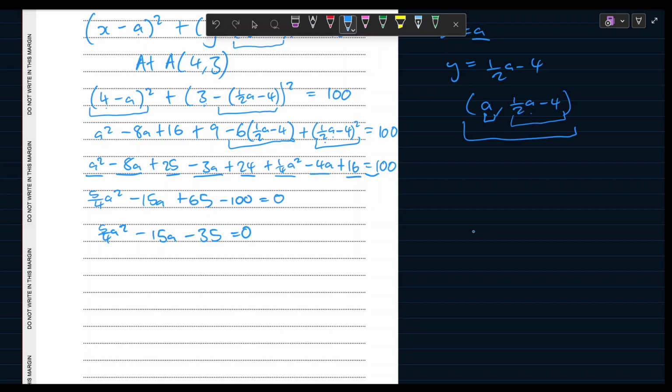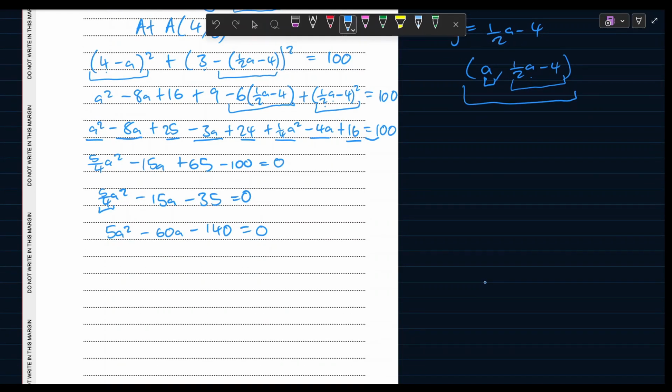So for starters, we can multiply through by 4 to get rid of this denominator here. So we'd end up with 5a squared minus 60a minus 35 times 4, which is 140. And all of this is divisible by 5, so we can also divide through by 5. So we end up with a squared minus 12a minus 28 is equal to 0.